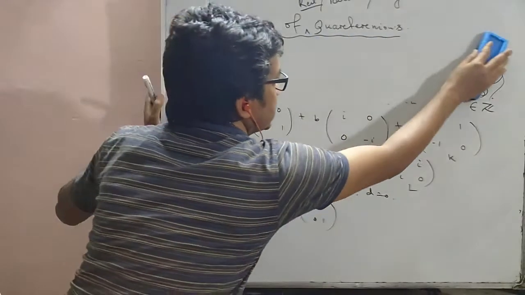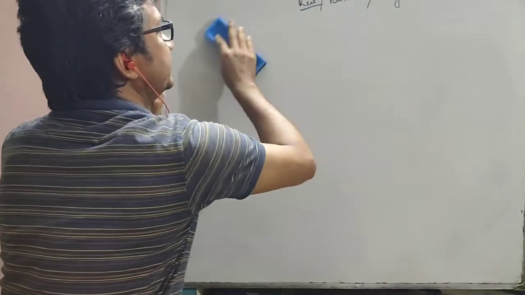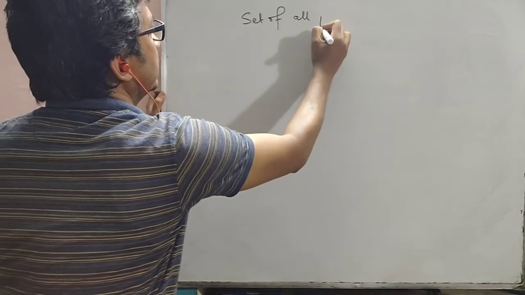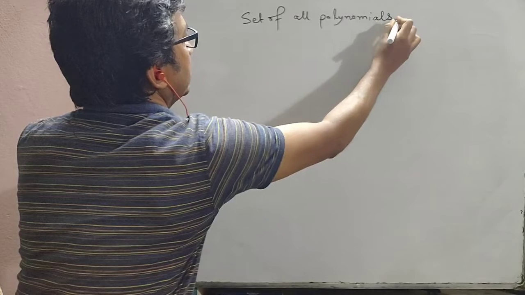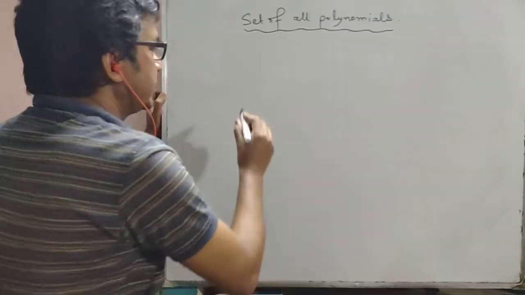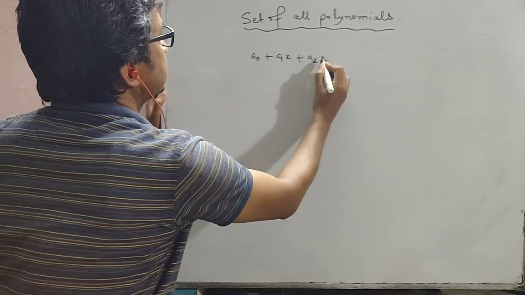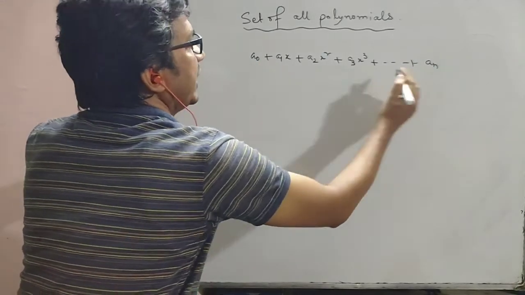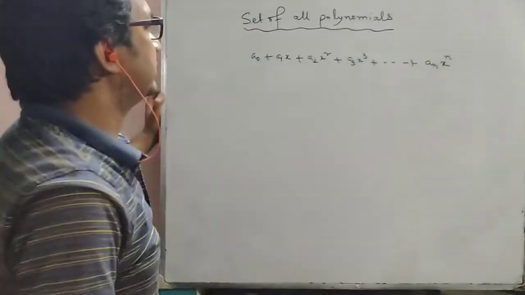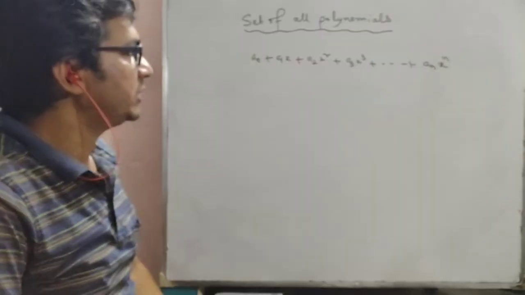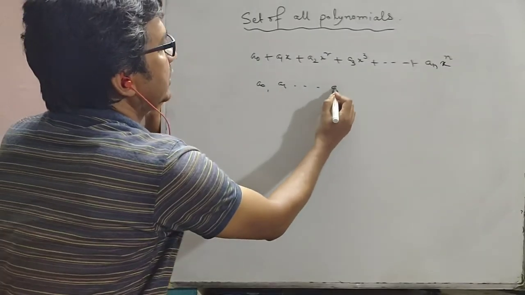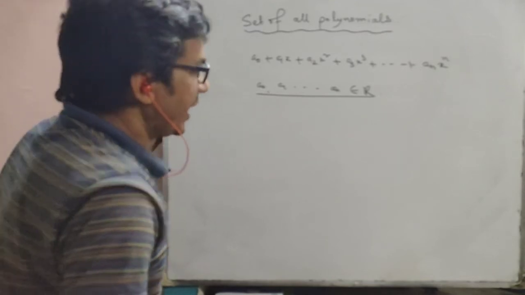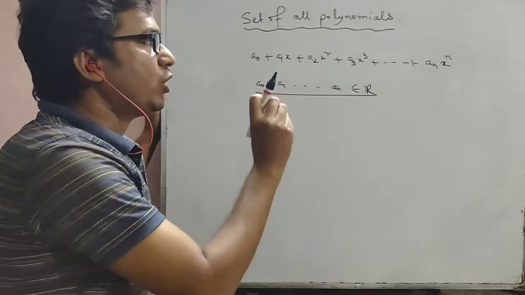We consider the set of all polynomials like a0 plus a1x plus a2x squared plus a3x cubed plus up to an x to the power n, where a0, a1, up to an belong to R, the set of real numbers, and x is the variable of the polynomial.